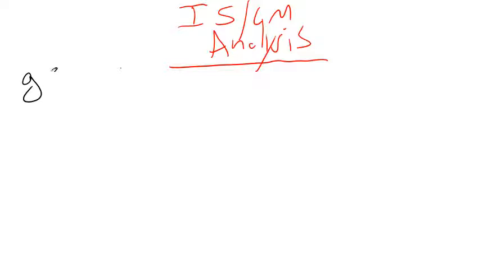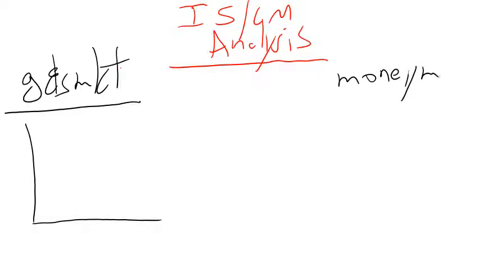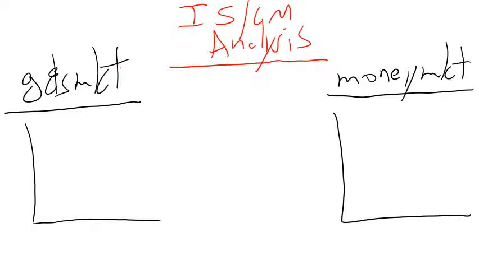So here we have the goods and services market, which looks like this. And here we have the money market, which looks like this. Okay.